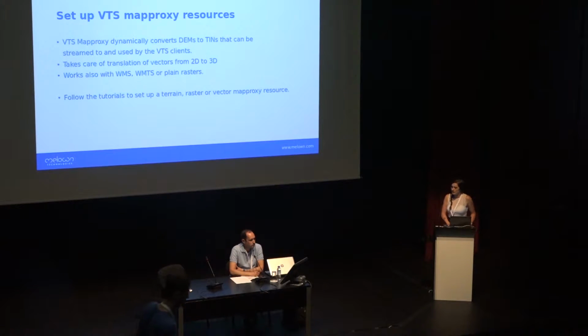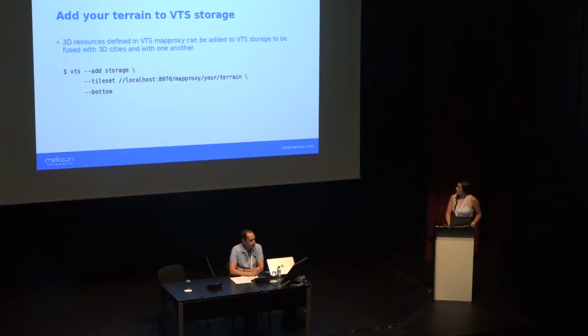It also takes care of translation of vector data from 2D to 3D, and it also works with WMS, WMTS, or planar rasters. Again, we have many tutorials where you can see how to set up a terrain, raster, or vector map proxy resource. Once you have it, you can add your terrain to VTS storage.